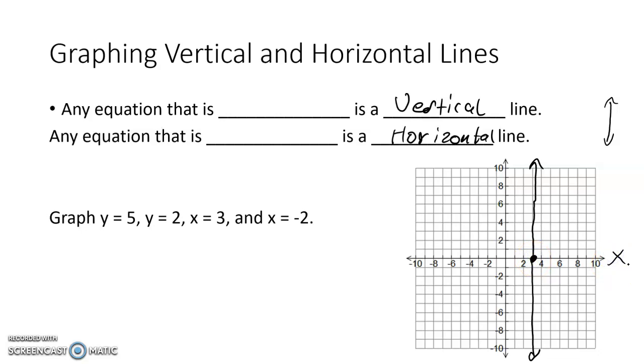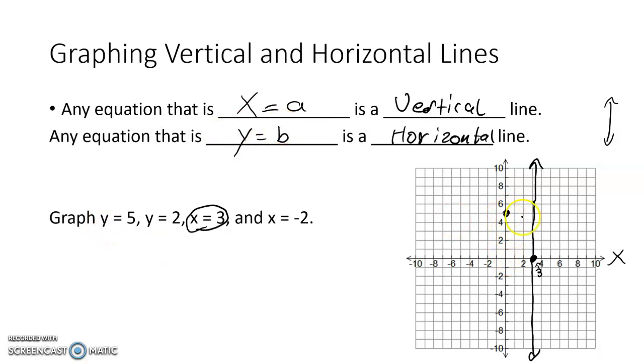So basically that tells us any vertical line is going to be x equals a, and a is just a number. And a horizontal line is going to be y equals b, again b just being a number. So this line right here is the equation x equals 3 because it passes through the point 3 right there. Then for these other equations, y equals 5, go up to the 5 on the y.